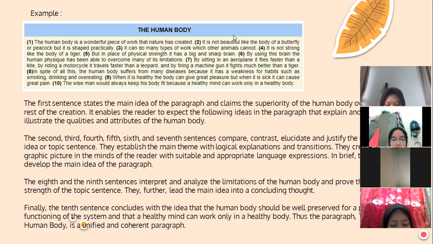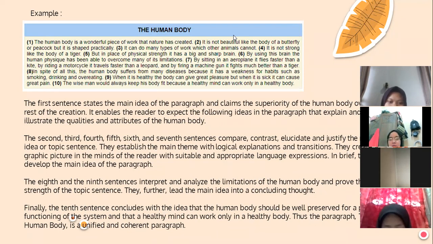The second, third, fourth, fifth, sixth, and seventh sentences compare, contrast, elucidate, and justify the main idea or topic sentence. They establish the main theme with logical explanation and transitions. They create a graphic picture in the mind of the reader with suitable and appropriate language expressions. In brief, they develop the main idea of the paragraph.